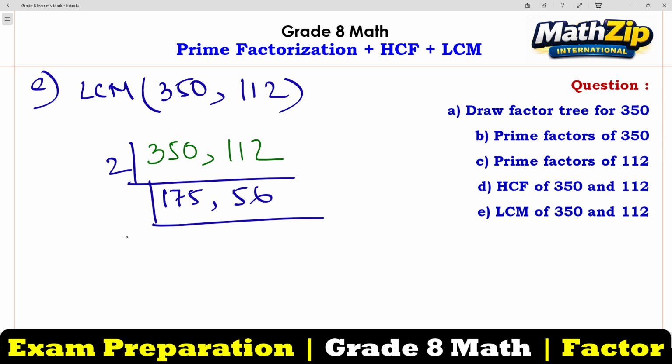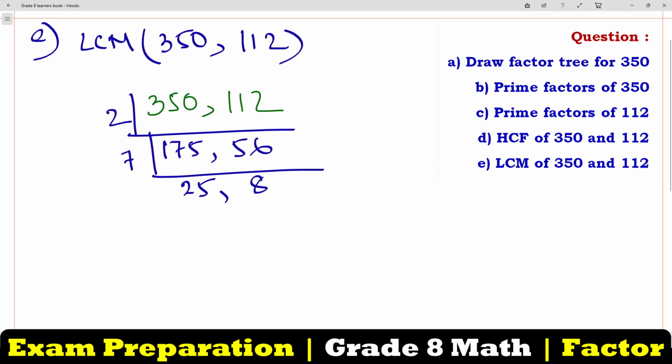If you want, we can check 7. 175 divided by 7 is 25. So we have 7, 25, and 8. This is the last step; we cannot move on further.